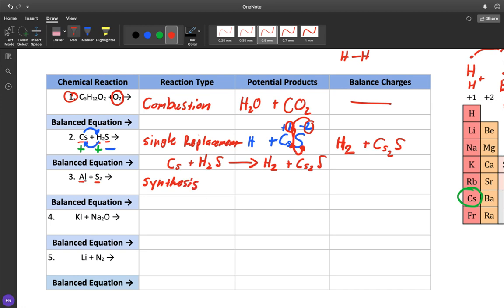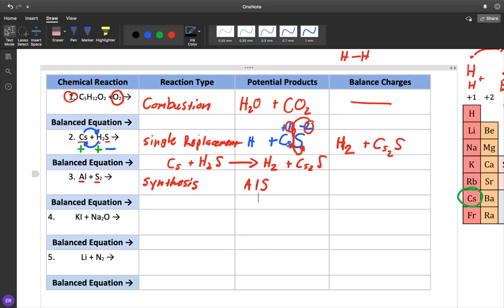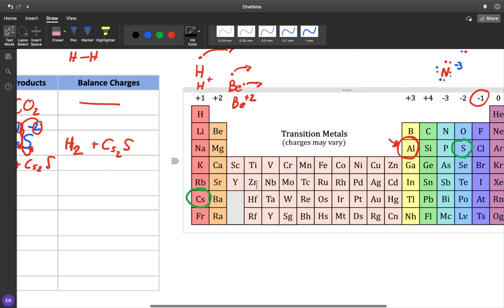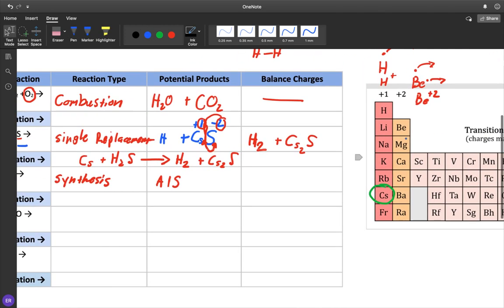Okay, so then these two are just going to combine. Al, and then always put the metal first and then the non-metal second. So AlS. So then that's the potential product. Now we're going to determine the charges. So Al, if we look over here, it's in group 13, so it's going to lose its 3 valence electrons and become positive. So this is +3.